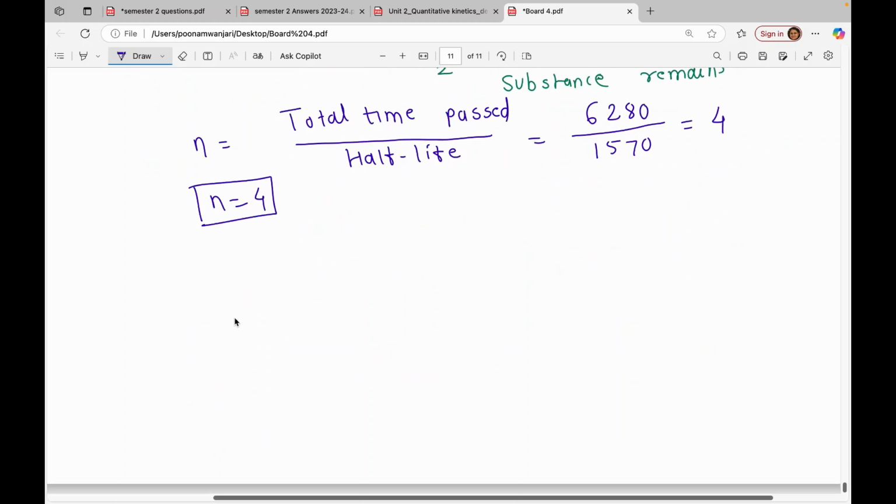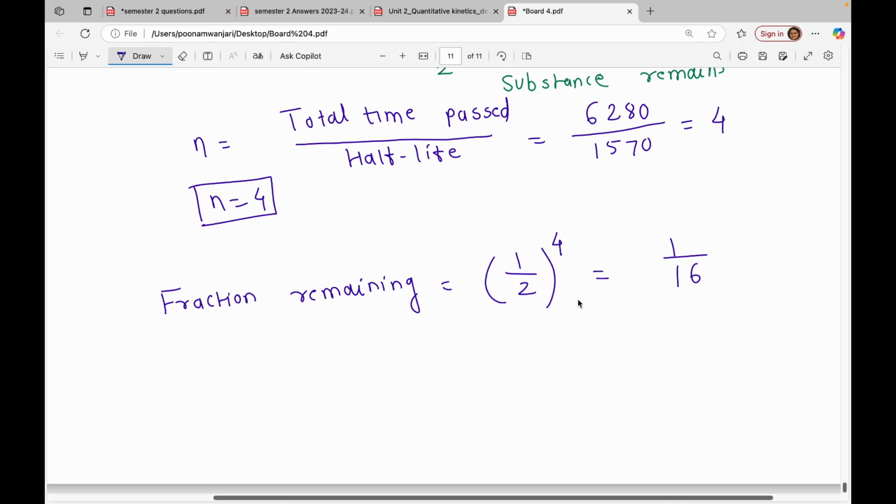So we will put this into the formula. Fraction remaining is equal to (1/2)^n, and now we got n equal to 4. So we can solve it. You can pause the video and solve it. It will be 1/16.